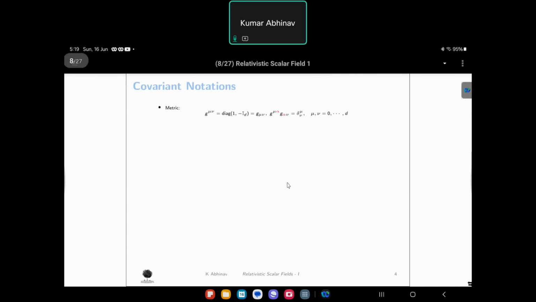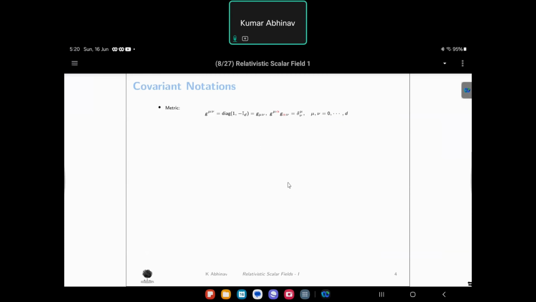So before going into relativistic scalar fields, we need the notations. In special relativity, you have something called a metric tensor. This description is general for general relativity also, for any kind of curvature included. For this particular case, we are talking about a flat space.